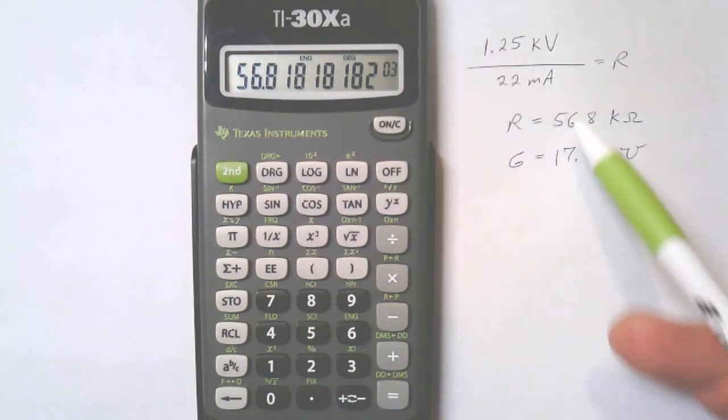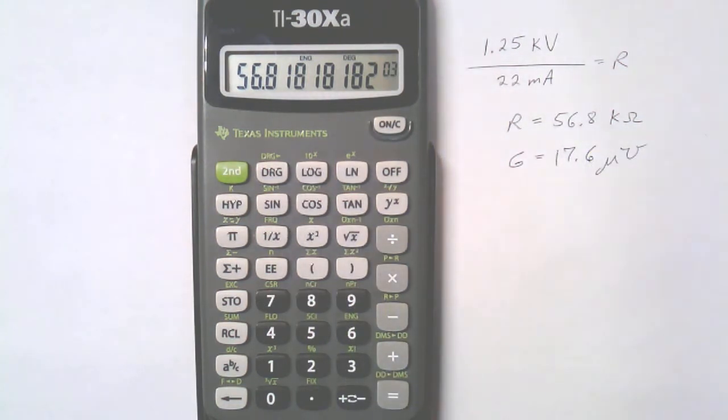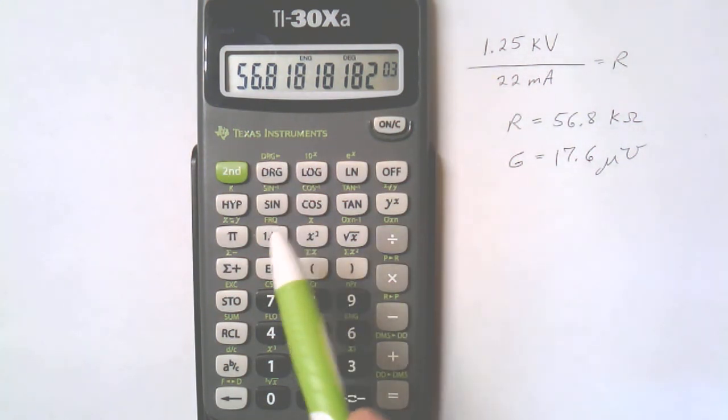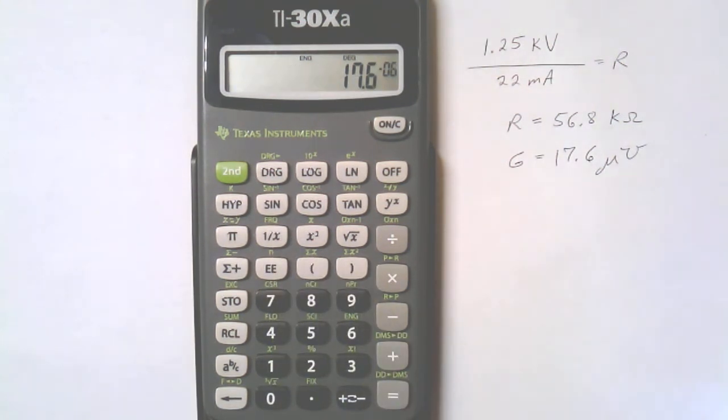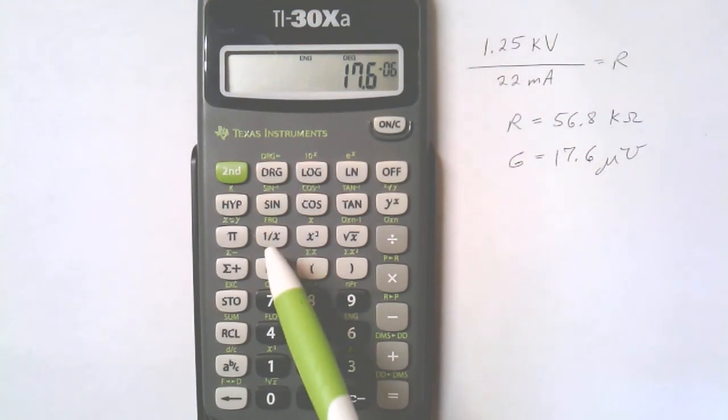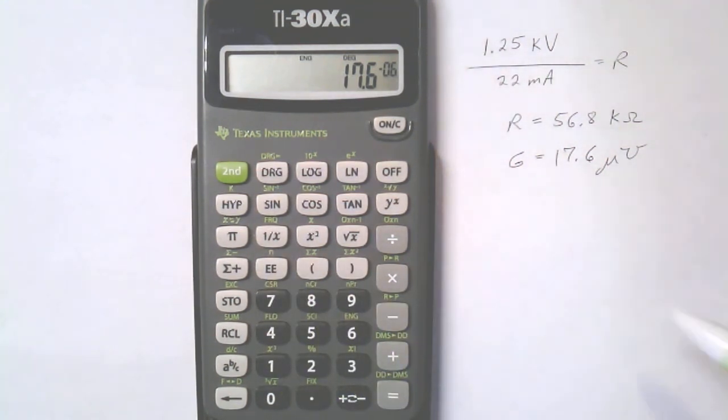Remember, they're just inverses of each other, resistance and conductance. It's glass half empty, glass half full. So I can toggle all day long. There's my resistance. There's my conductance. There's my resistance. There's my conductance. So the 1 over x key, we'll be using that a lot. It just flips between resistance and conductance nicely.